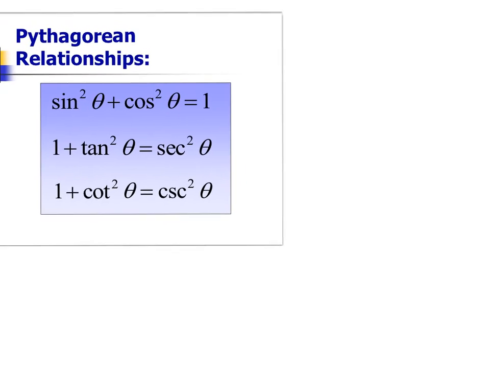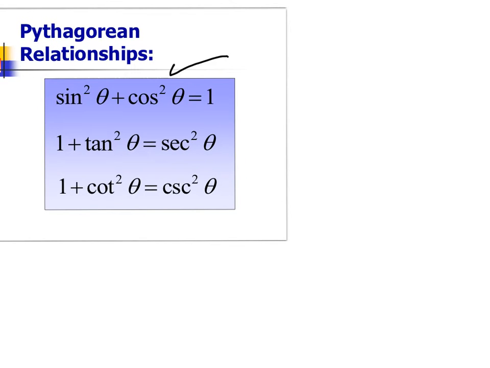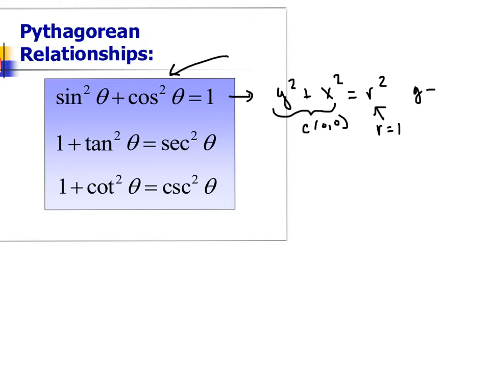This is our first one, and it actually comes from our unit circle. The unit circle has a center of 0, 0, and the radius is equal to 1. In trig, y is equal to sine and x is equal to cosine, so I just plug those in, and that's how we get the first one.